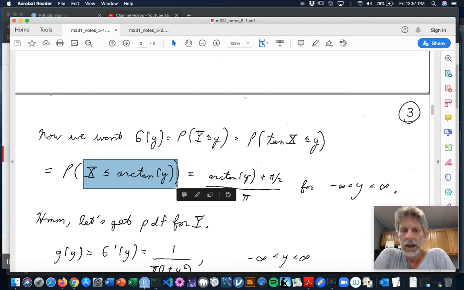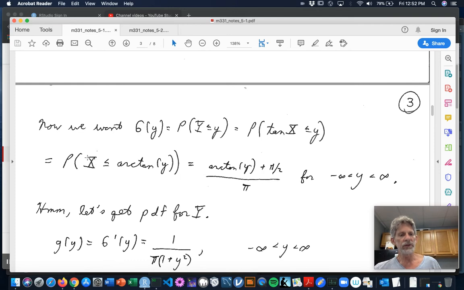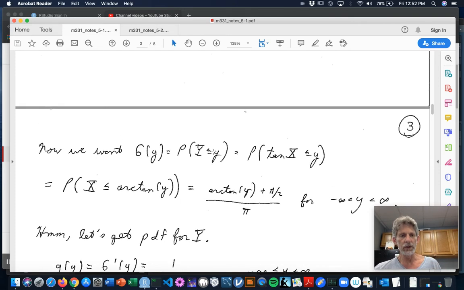By the way, if you look at the graph of the tangent function in a Calculus 1 or 2 textbook or a graphing calculator, you'll see that for x's between minus pi over 2 and pi over 2, it's a 1-to-1 graph. So you can totally back solve and get a unique answer for your arctangent.